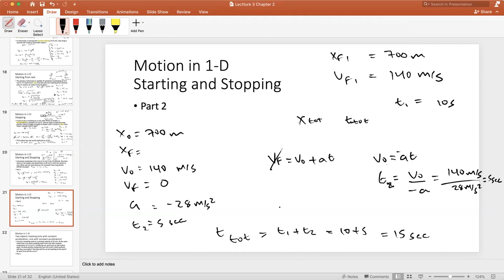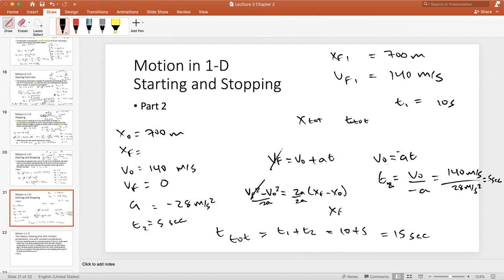I'm going to use my friend, this one, 2a times x final minus x initial. And I'm solving this for x final. So if I divide through by 2a, noting that v final is 0, and then that will cancel these, and then I need to add the x initial there.